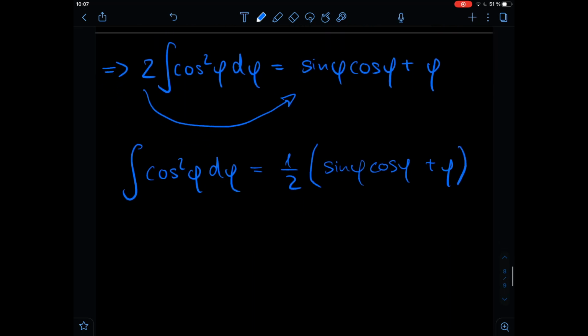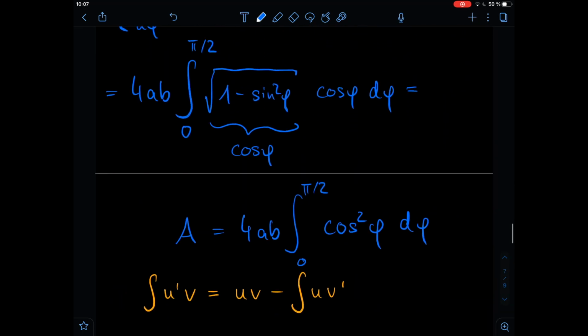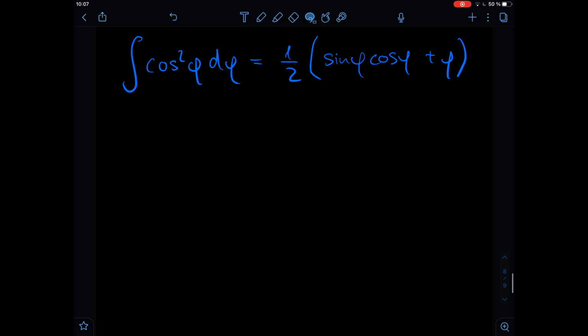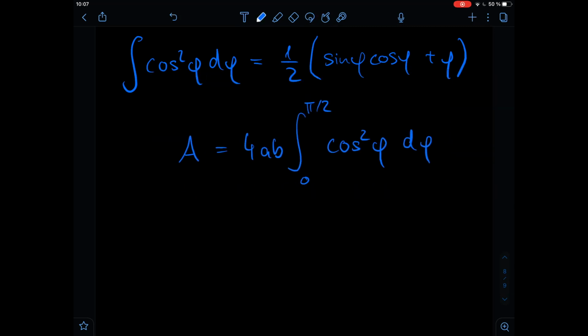Alright, here we are. Now we just need to calculate the area of the ellipse, and this was here. So we copy the whole thing and put it down here right under our antiderivative, so we can easily just plug that in. So we have 4ab times 1/2 times, so we just extracted the 1/2 out, and now we just plug in the limits of our integral.